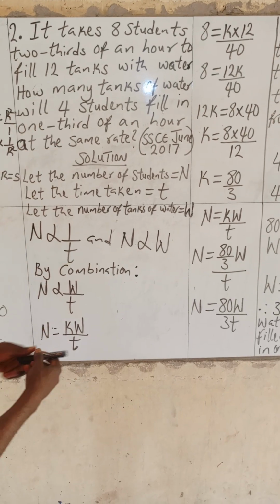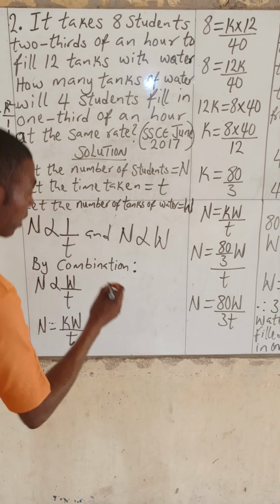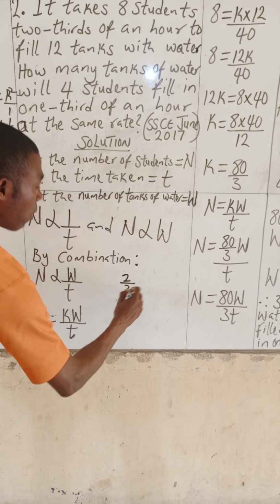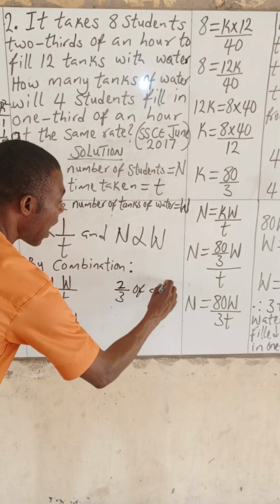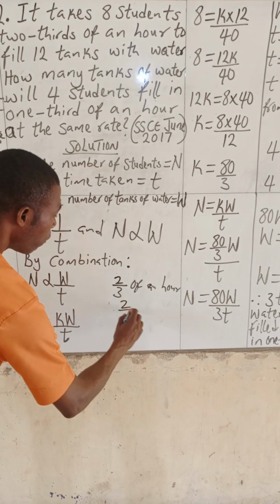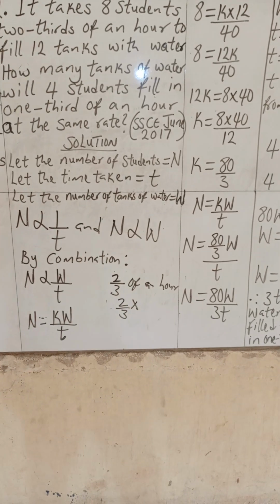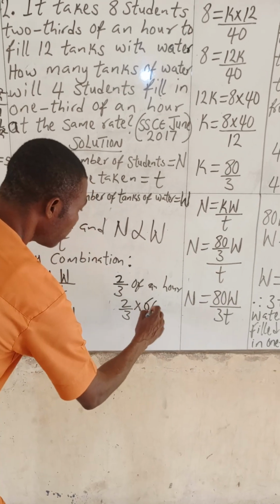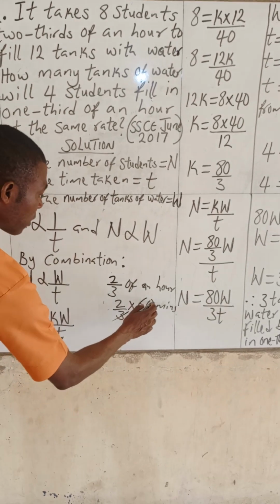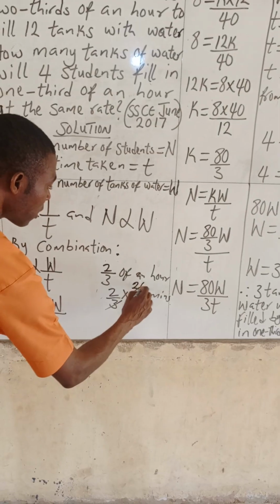To get 2/3 of an hour, remember that an hour is 60 minutes. So 2/3 of 60 minutes: 3 goes into 60 twenty times.